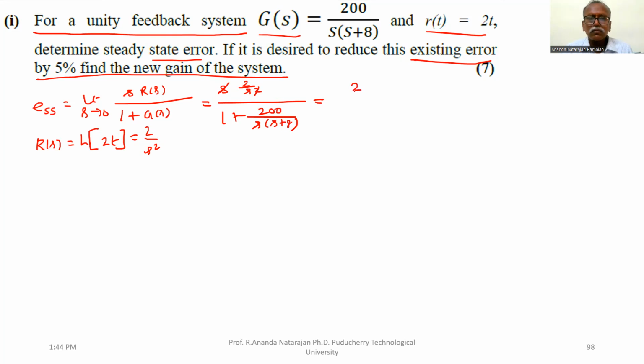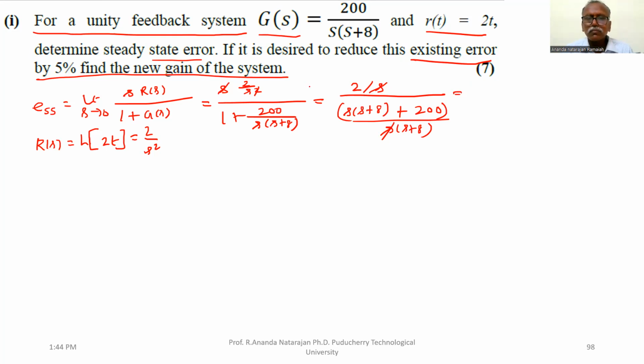That is equal to 2 upon, s multiplied by (s plus 8) plus 200 upon s multiplied by (s plus 8). s is getting cancelled.